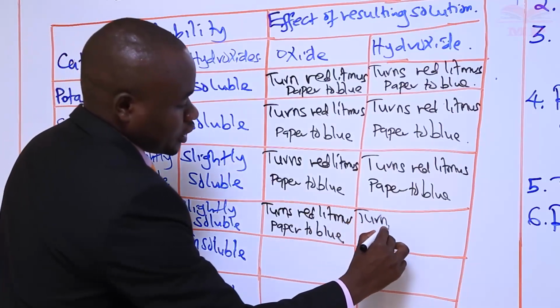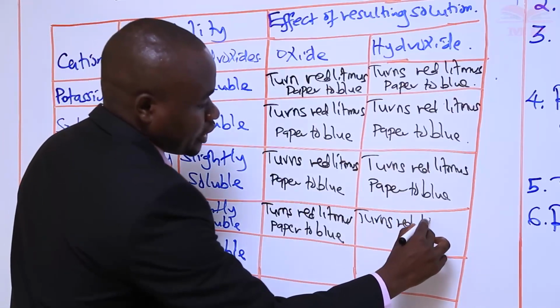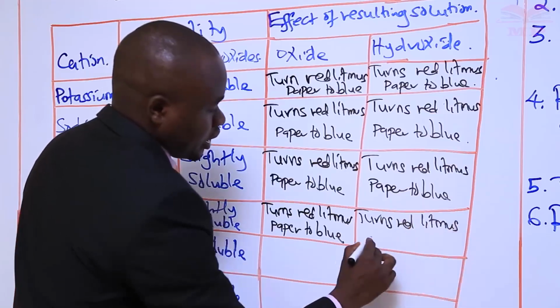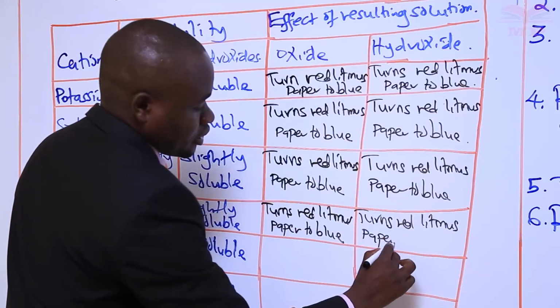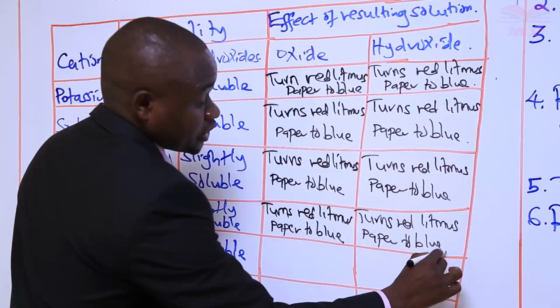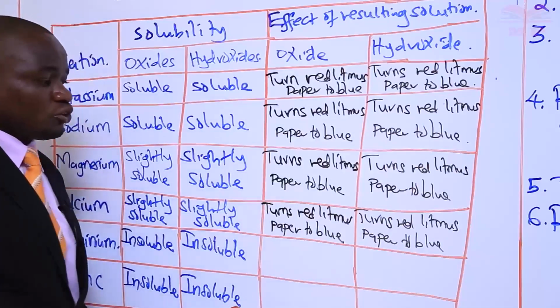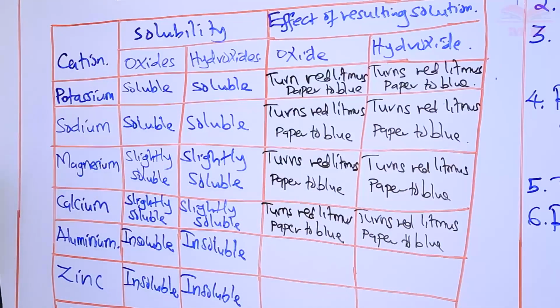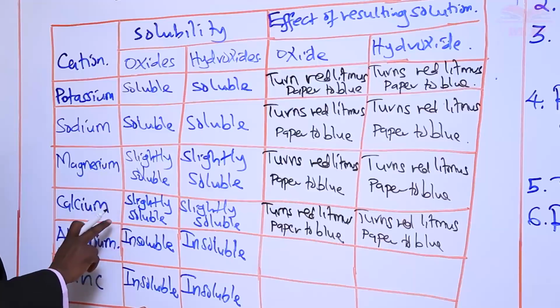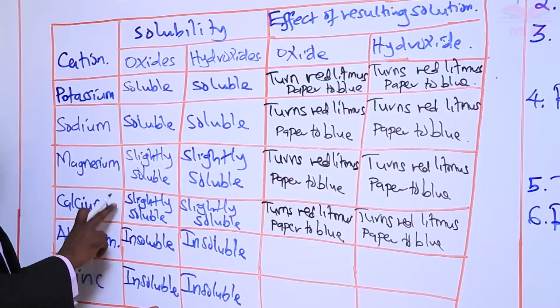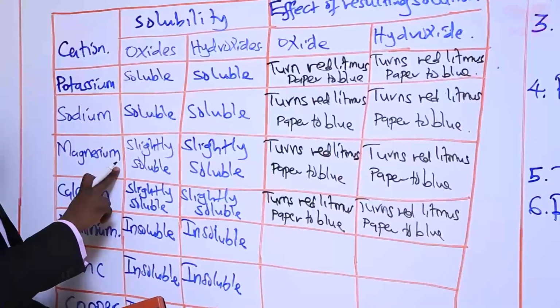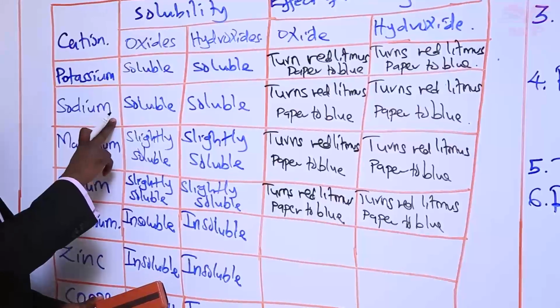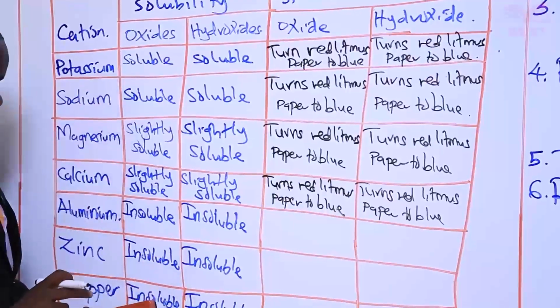Also this one turns red litmus paper to blue. The reason is because there is formation of a basic solution. So here the basic solution formed is called calcium hydroxide. Here we form magnesium hydroxide, here we form sodium hydroxide, and then here we form potassium hydroxide.